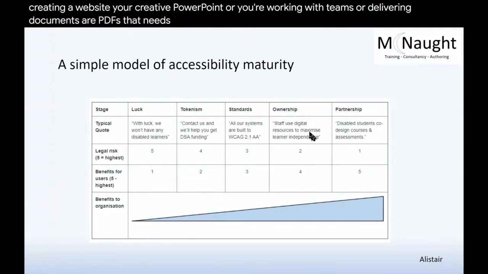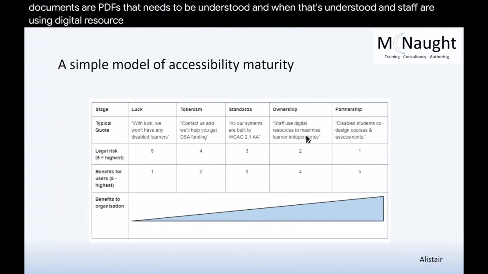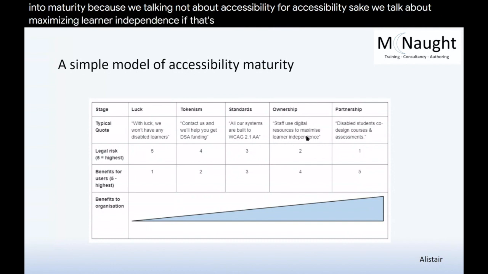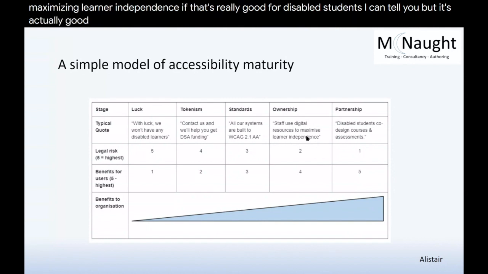When that's understood and staff are using digital resources to maximize learner experience, then you are really beginning to move into maturity, because we're talking not about accessibility for accessibility's sake, we're talking about maximizing learner independence. Now, that's really good for disabled students, I can tell you, but it's actually good for every student that you teach. It's radical, to pick up from Sheila's perspective this morning.